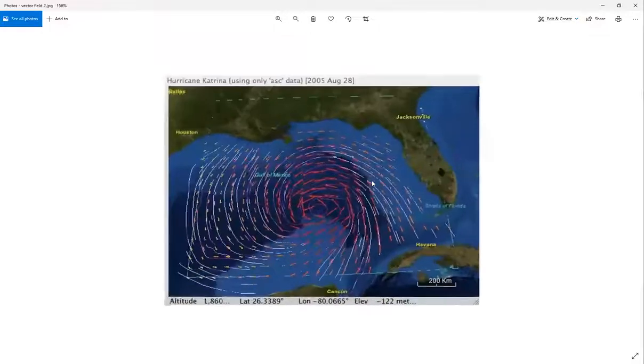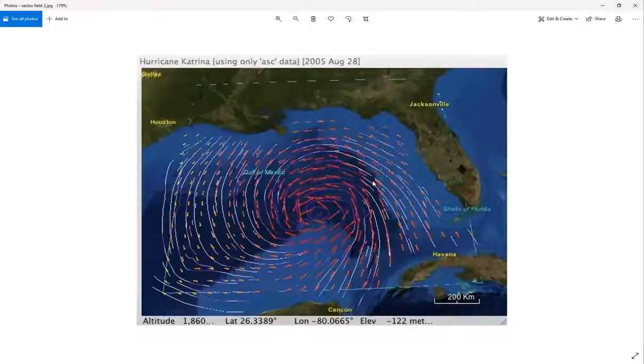Next example. Think about a hurricane, for example, Katrina or any other hurricane that you heard about. As you can see, when it comes to a hurricane, you have a field of vectors that start rotating, or they might have other behavior. It's not always about rotation.